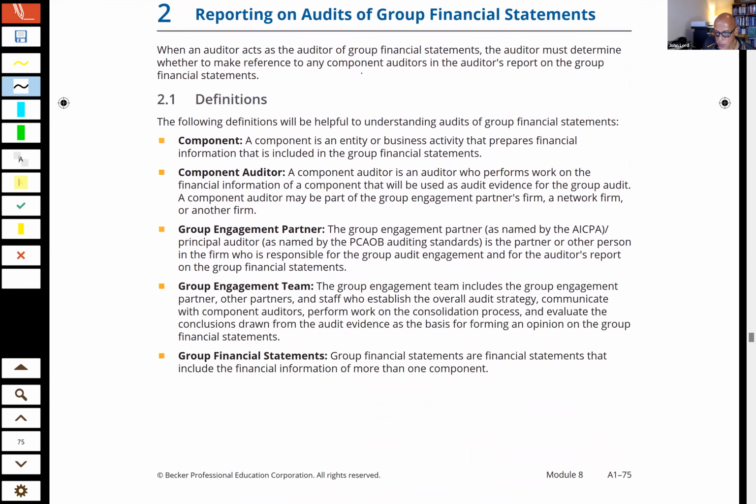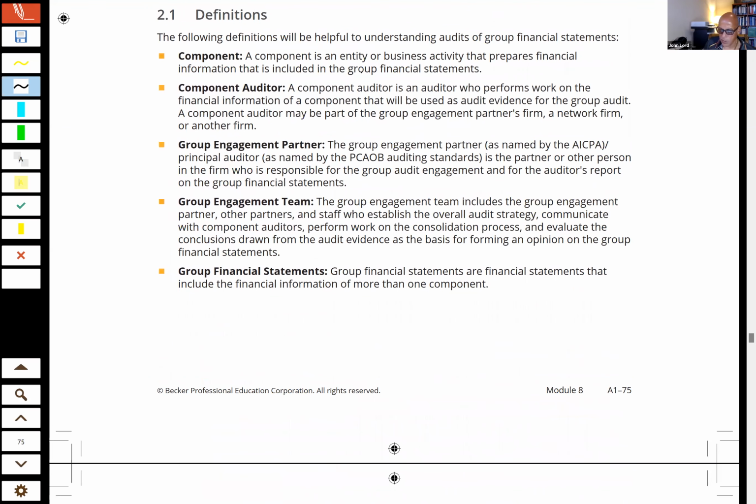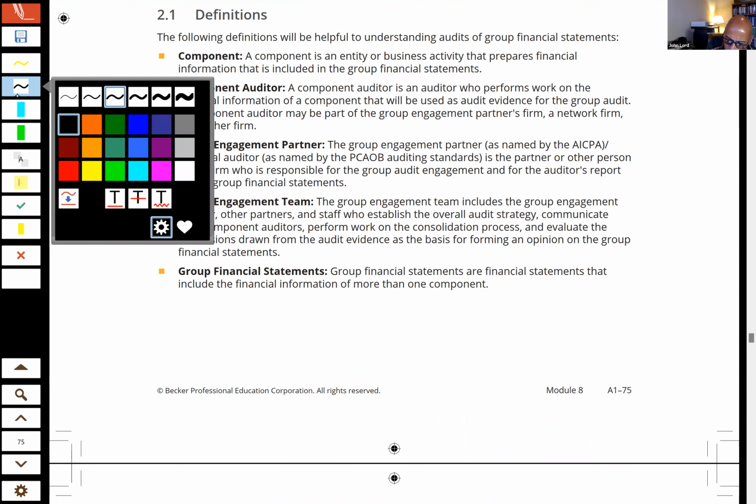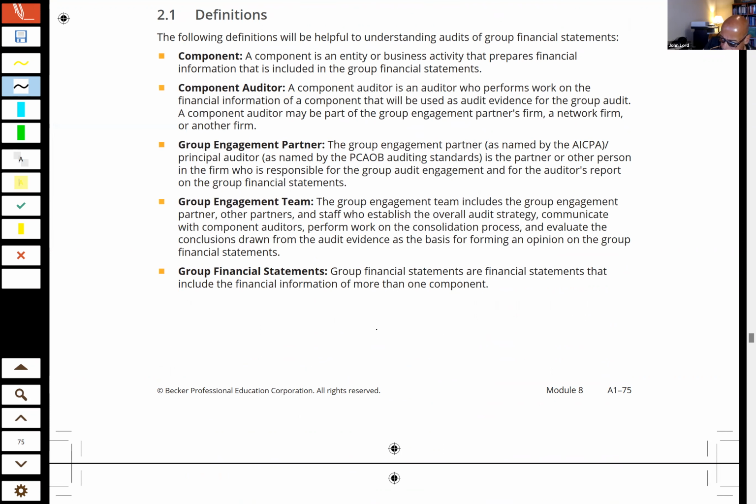Okay, good. Now let's go ahead and take a look at reporting on audits of group financial statements. Okay, and what I want to do is first give you a quick picture down here that'll help define some of these terms up here.